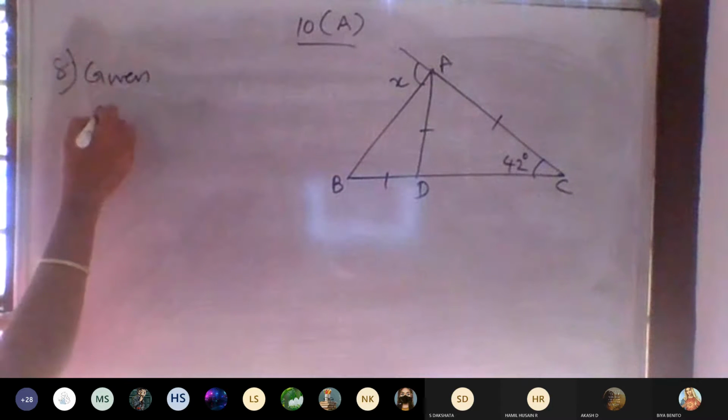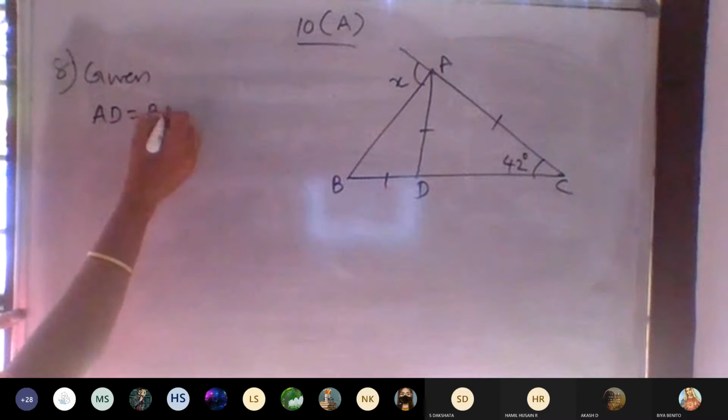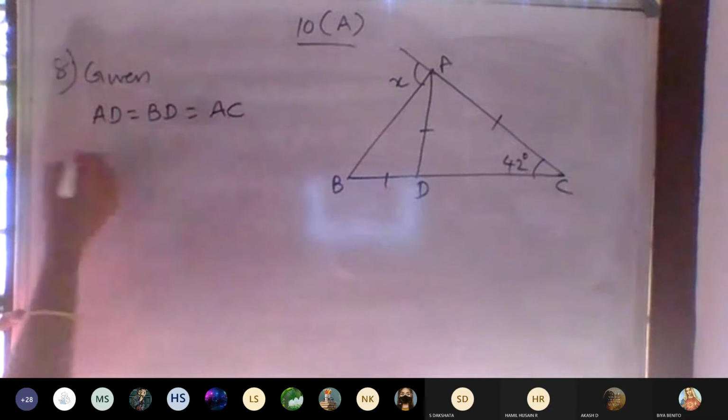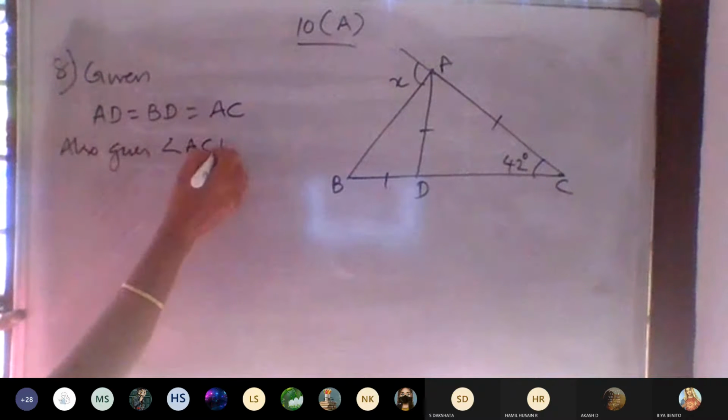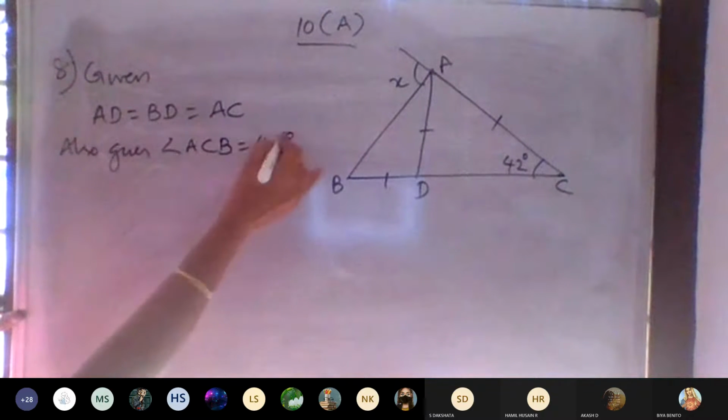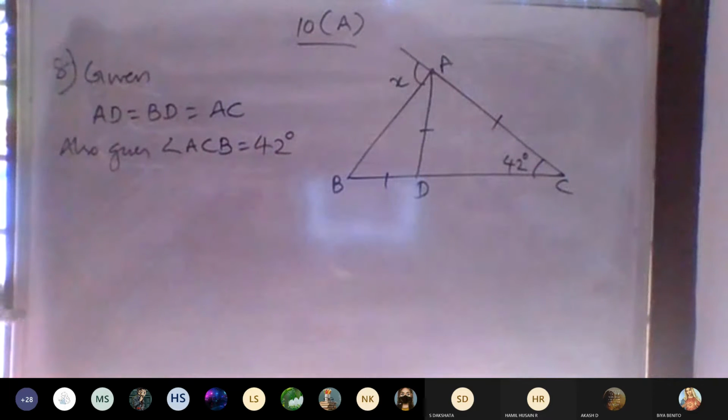Which sides are equal? AD is equal to BD is equal to AC. Then also given, angle ACB is equal to 42 degrees. That angle C is given as 42 degrees.